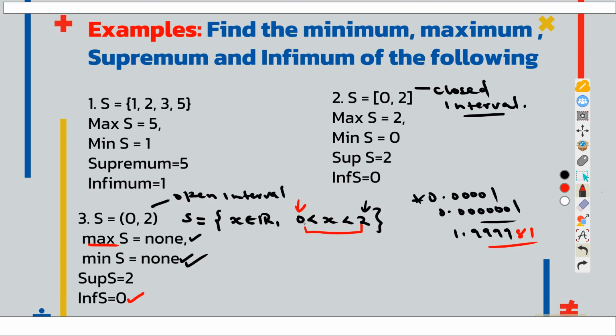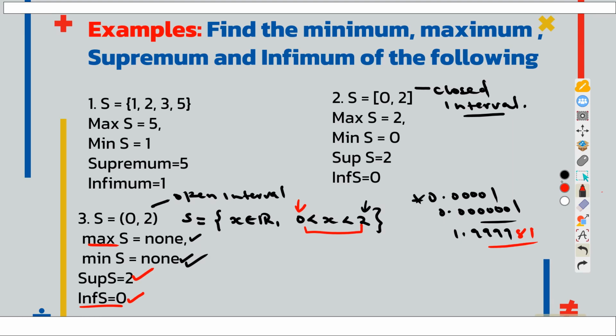So 0 qualifies to be the infimum, and 2 qualifies to be the supremum, because for each number in this set, that number cannot exceed 2. 2 will always be the number for which all the elements in this set are less than or equal to 2, and if that is true, then it qualifies to be the supremum. So for such a set S, from 0 to 2, we can see that it has no maximum and no minimum, but it has the supremum and the infimum.